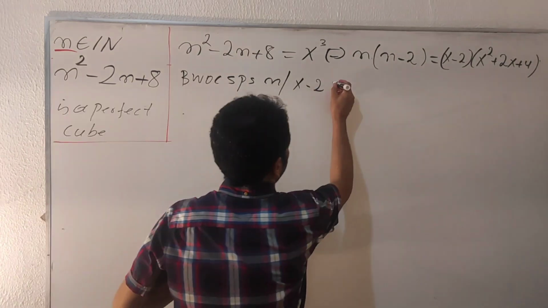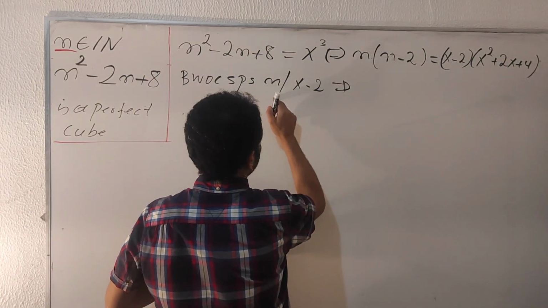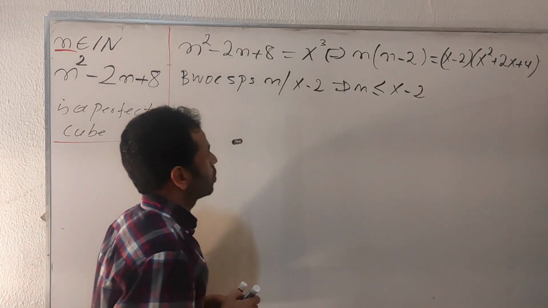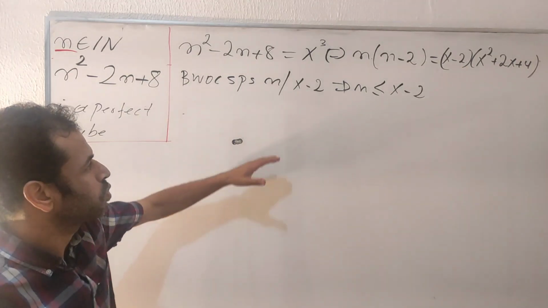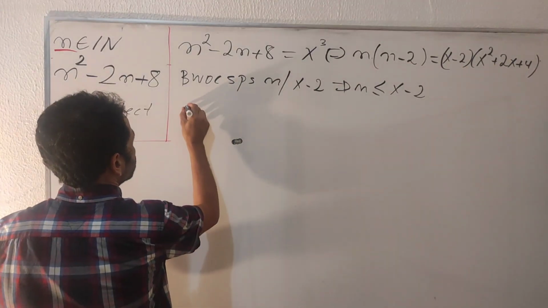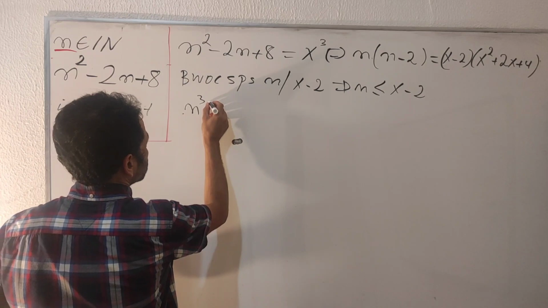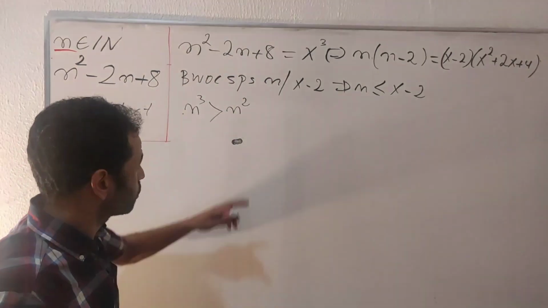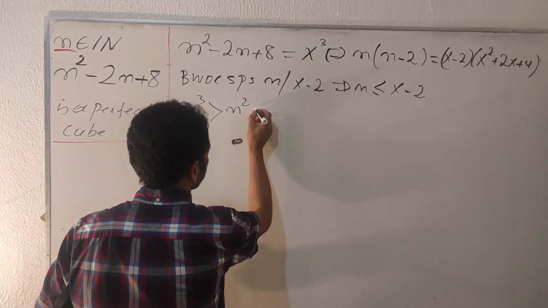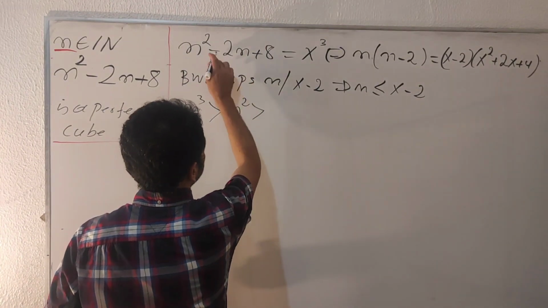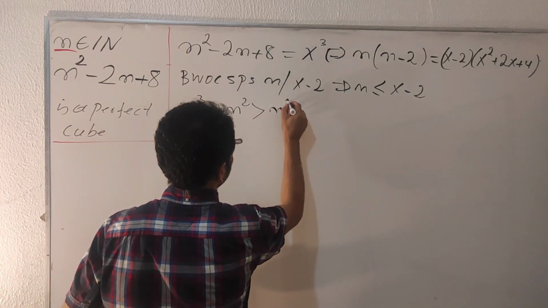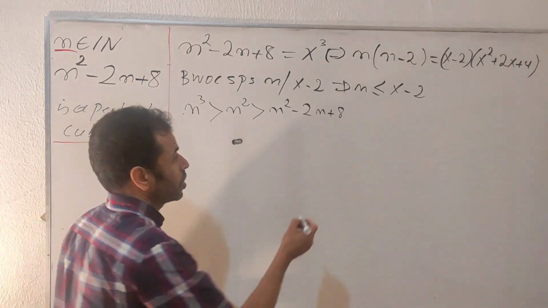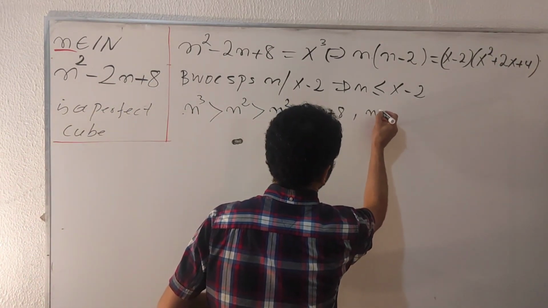This is telling us n must be less than or equal to x minus 2. The next thing we are going to use: we know n cubed is always strictly greater than n squared for natural n. Also, this n squared must be bigger than the expression n squared minus 2n plus 8, on the condition that n is greater than or equal to 5.